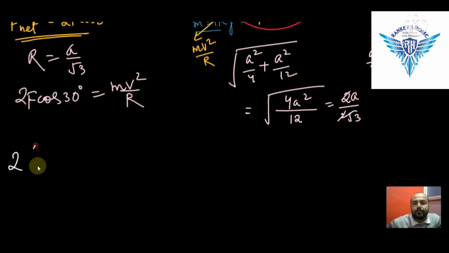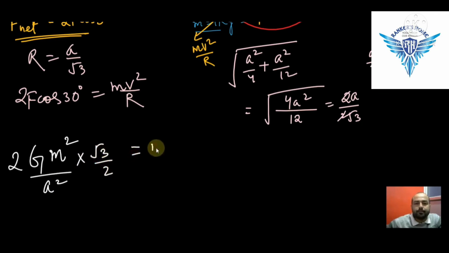Now 2F, where F is G m1 m2 upon the square of the side. The masses are the same and the side is a, so 2 times G m1 m2 by a square, times cos 30 which is root 3 upon 2, equals m v square upon r, where r is a upon root 3.